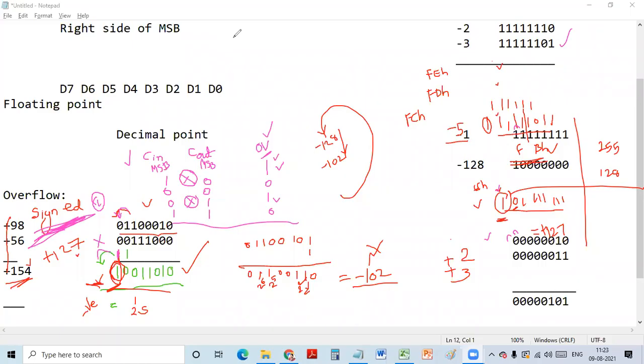Okay, right? 1, 2, 3, 4, 5, 6, 7, 12 absent.